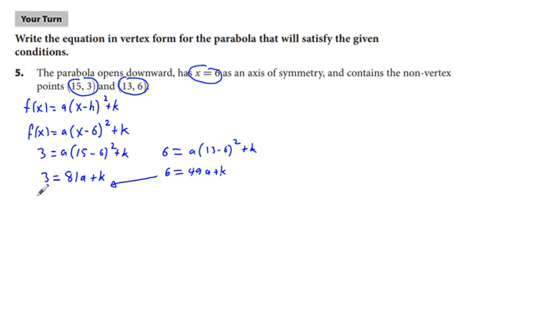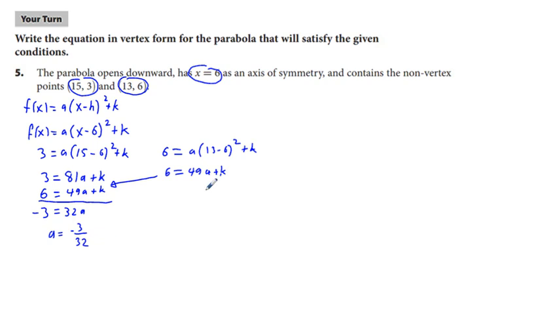I'm going to put 6 equals 49a plus k, and I'm just going to subtract. So you have 3 minus 6, which is negative 3, equals 81a minus 49a. That's going to be 32a. And then k minus k is 0. So we have a is equal to negative 3 over 32.